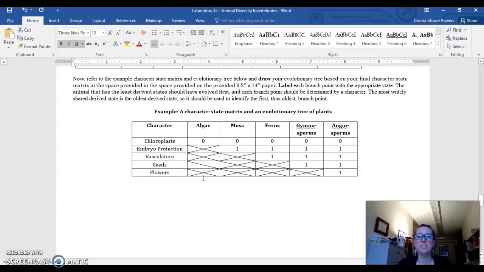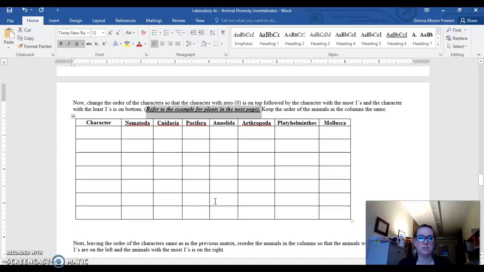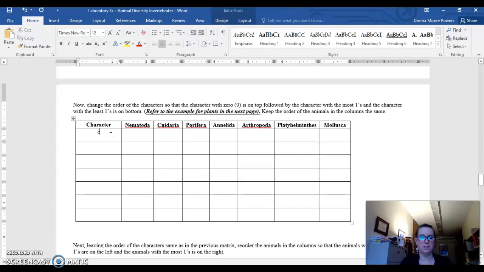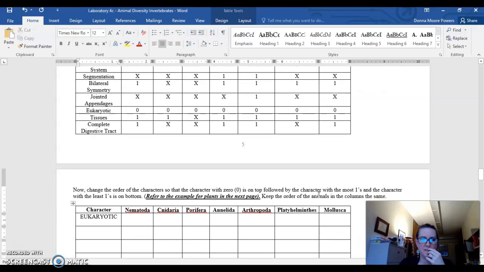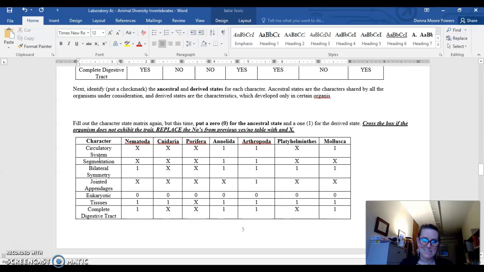So the first character is that ancestral character. So I would put here eukaryotic, because if we go back up here, that was our ancestral trait, right? It has all those zeros. Okay, next, it says, followed by the character with the most ones.